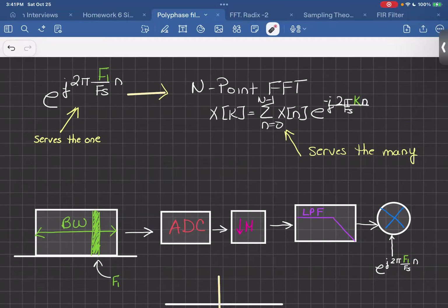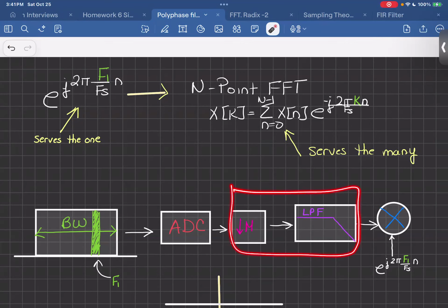So the noble identity has actually changed the way we are designing our filter. And we're not violating Nyquist, we're not aliasing, and we have combined operations here.